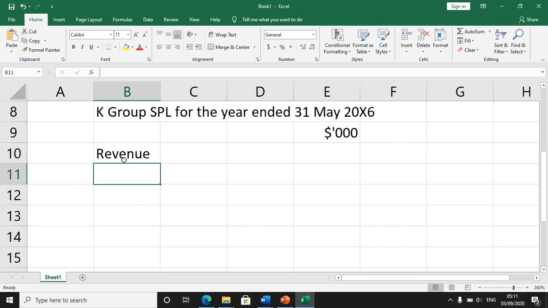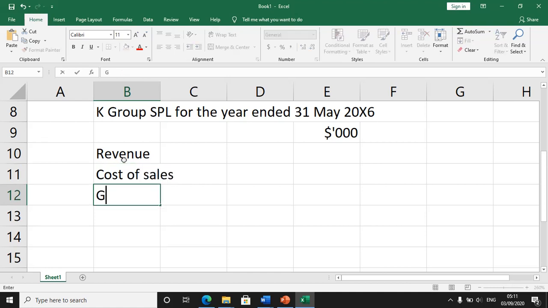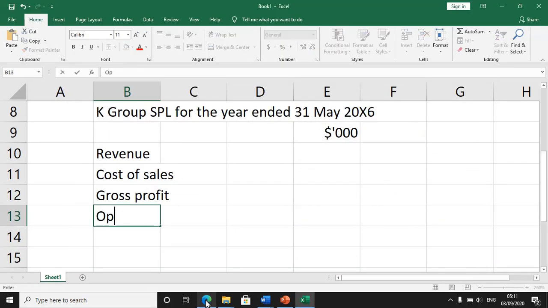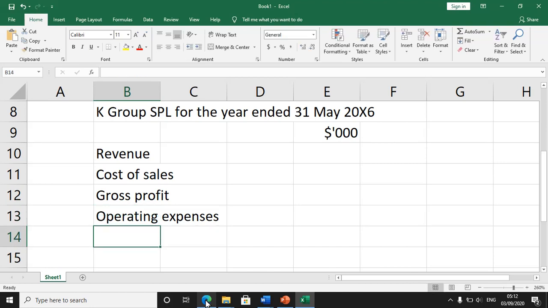Let me write the components of what I expect to see there. There's revenue, cost of sales, gross profit, and then operating expenses, then profit from operations.